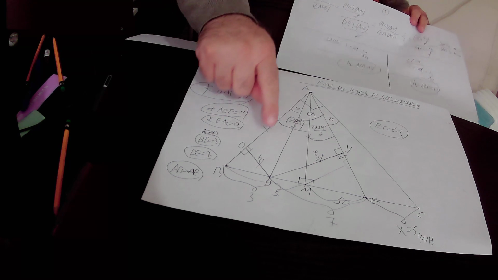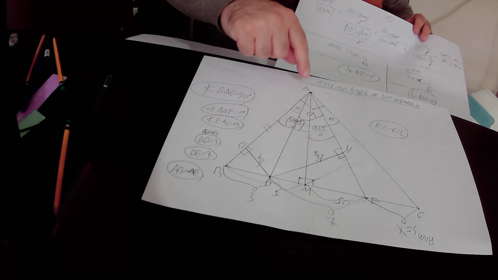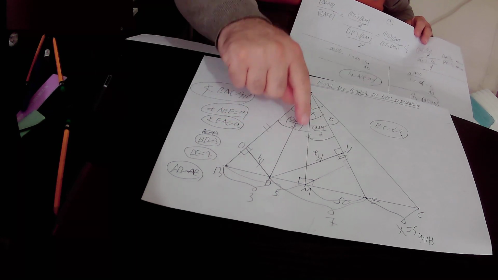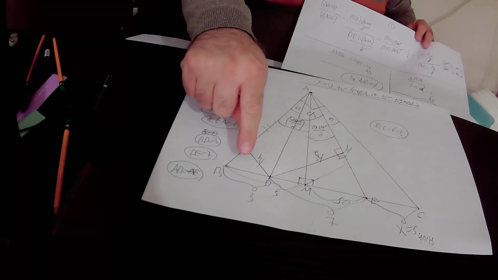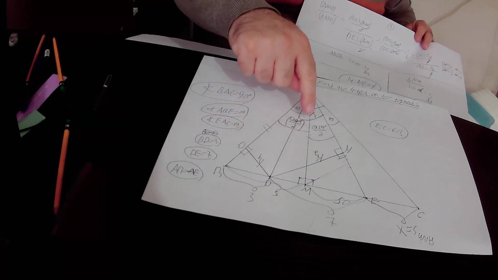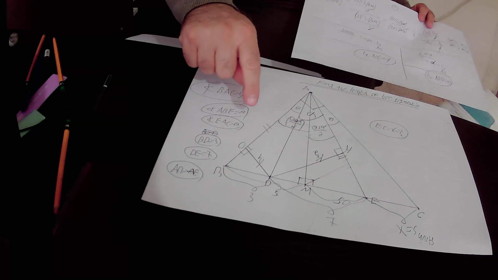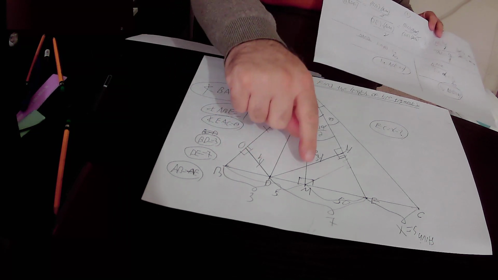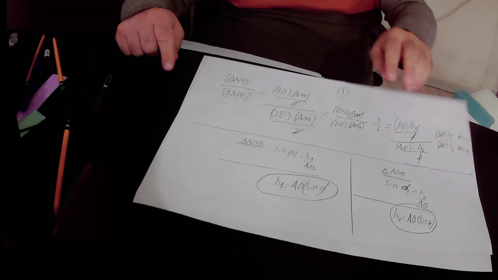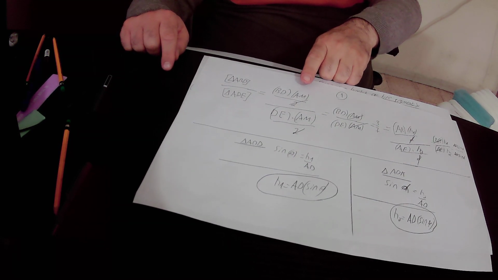It equals the base BD times the height to the base, AM. AM creates 90 degrees with the base BD, therefore AM is indeed the height. So the area of triangle ABD equals BD times the height AM over 2.